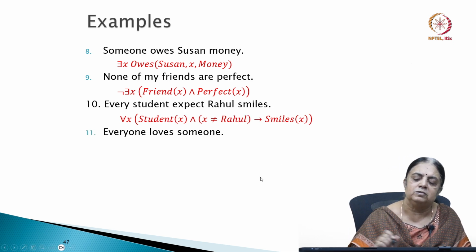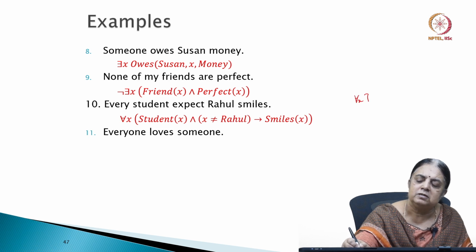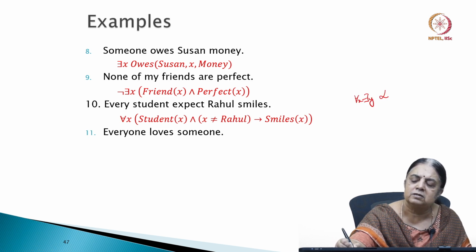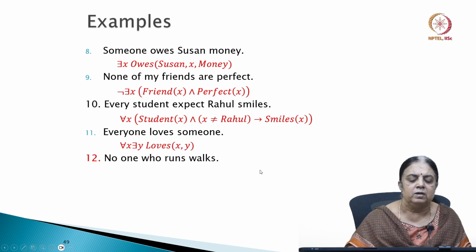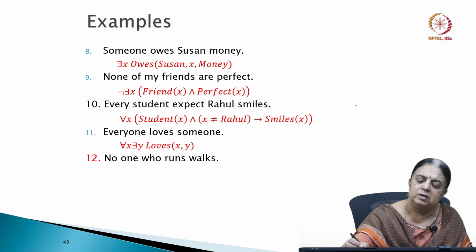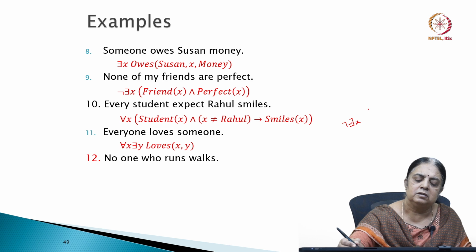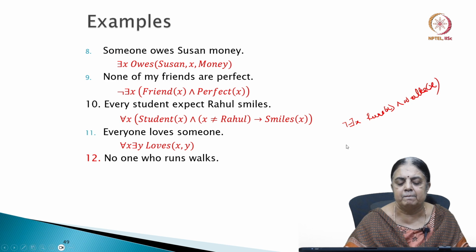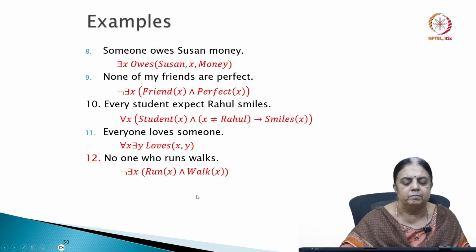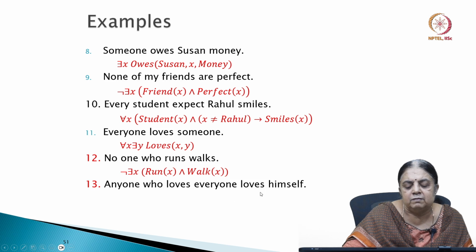Everyone loves someone. So for all X, there exists some Y such that likes XY. No one who runs walks. So there does not exist X such that runs X and walks X. Anyone who loves everyone loves himself.